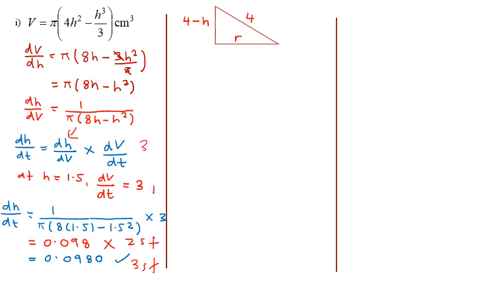The length of this side is 4 minus h, the length of this side is r, and the hypotenuse is 4. Okay, so to get r, we can write r squared equals 4 squared minus (4 minus h) squared. This is from the Pythagoras theorem.